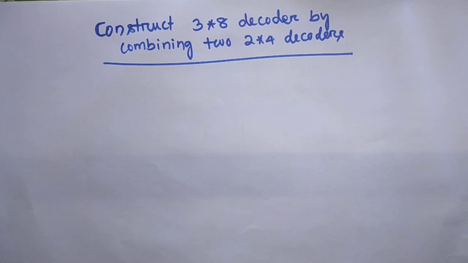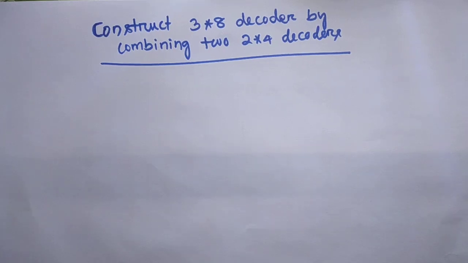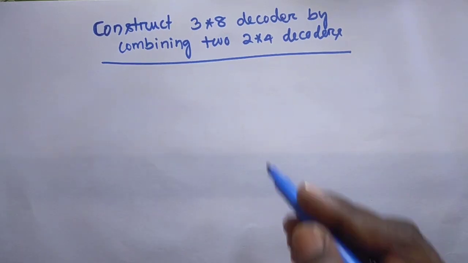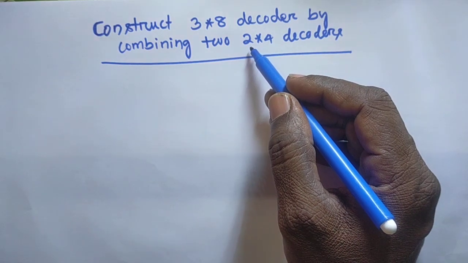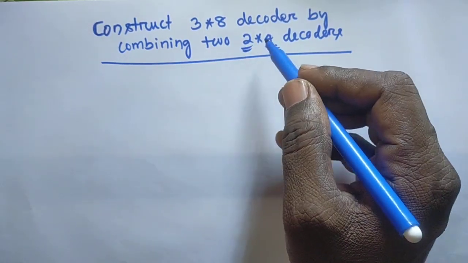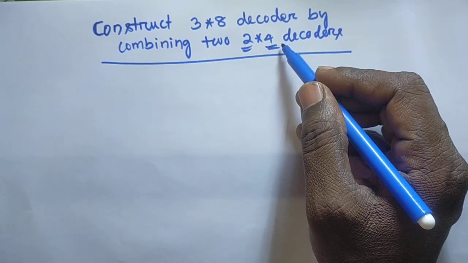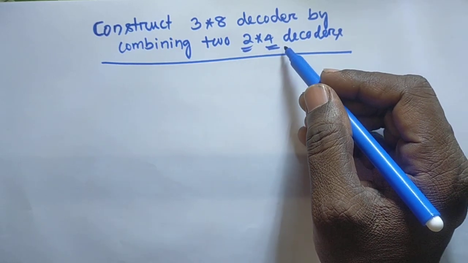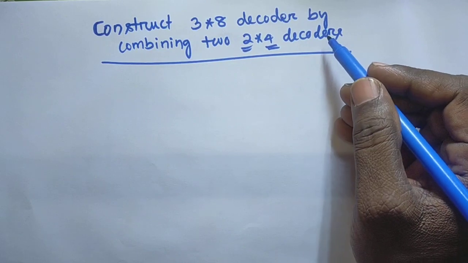In a 2 to 4 decoder, two inputs are required and four outputs are produced. Two inputs create four outputs. This is the basic concept of a 2 to 4 decoder.